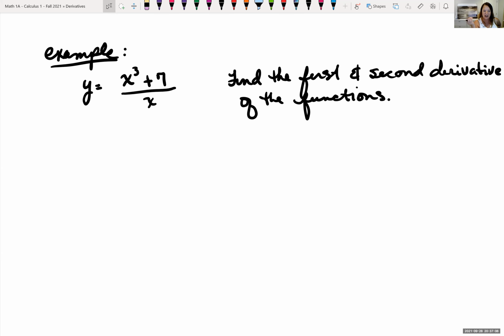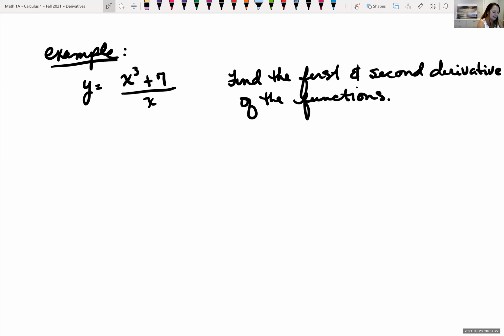First thing I was looking at was that a lot of times we can rewrite these to make them a little easier to take the derivative of. Notice I could rewrite that as 2 separate terms because I'm just dividing by one term. I could divide each term in the numerator by that x.